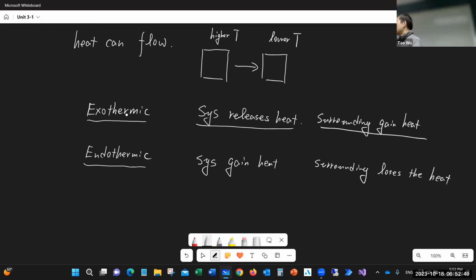Are you talking about the flame or the ice cube? Exothermic would be like a flame, and endothermic would be like an ice cube. If you keep constantly heating it, it will melt. This process from ice cube to liquid water is the endothermic process because the ice cube needs to receive the heat. Otherwise, it's not going to change.